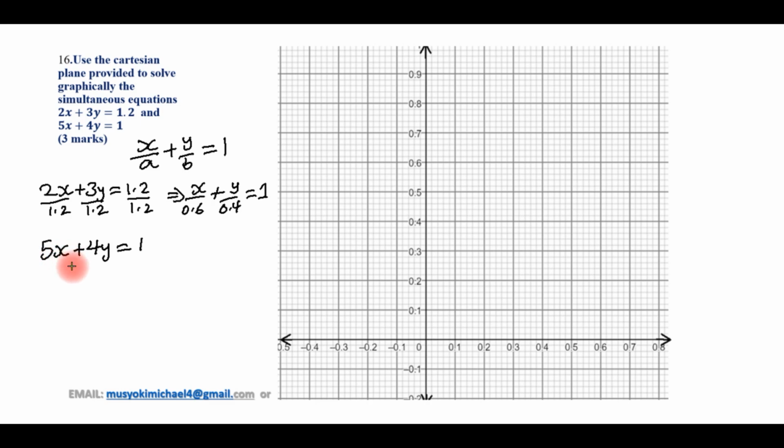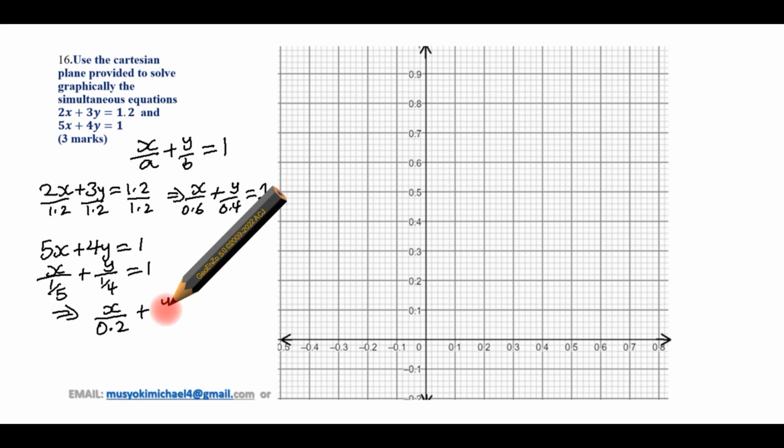So this will be the same as x over 1 over 5 plus y over 1 over 4 is equal to 1. So x over 1 over 5 is the same as 0.2, plus y over a quarter, which is the same as 0.25. Fine.